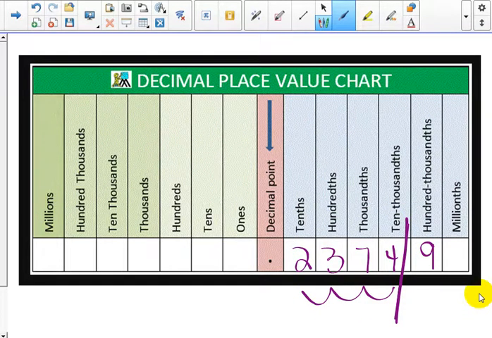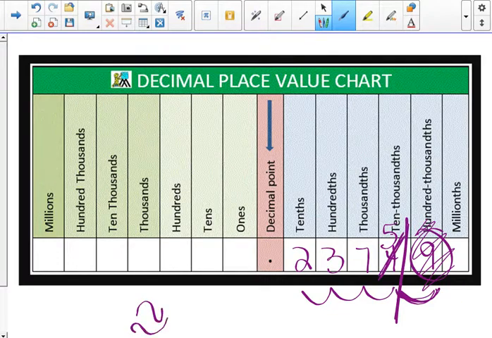So what you have to do is go one more place value than what you're going to write, and you look at it and you say, is this 5 or higher? If it's 5 or higher, then you have to round up on your previous number and drop it, right? So now once you round a number and you slightly alter it, you've got to use the squiggly equal sign.